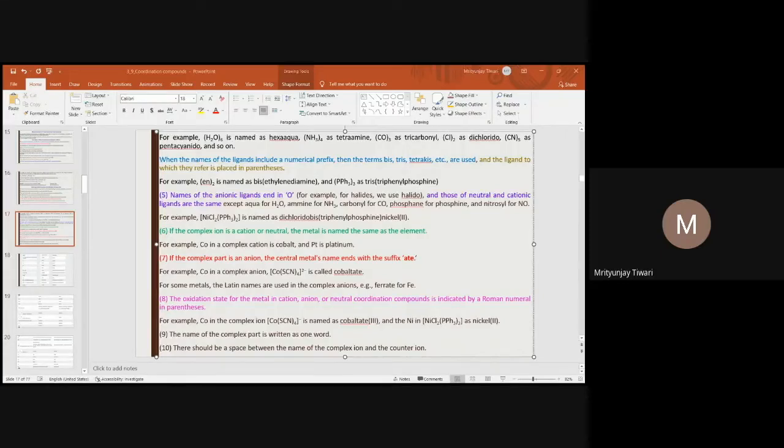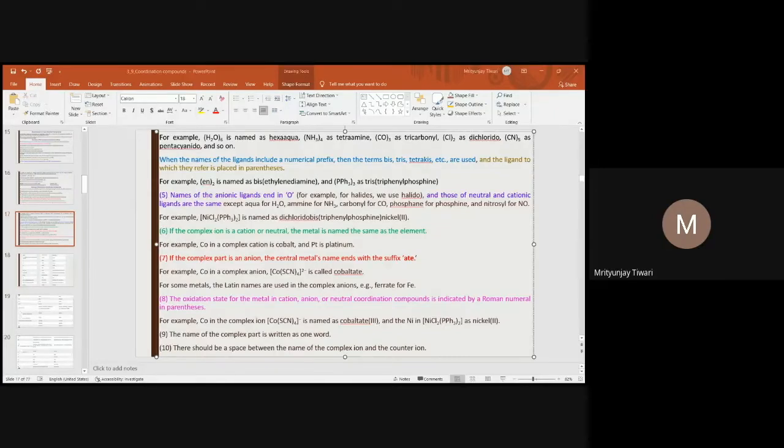In this case, this is a neutral coordination entity or the neutral complex, and for the neutral complex we will not add "ate" at the end of the metal's name, but the oxidation state we will have to represent, and this is electrically neutral. This complex compound is electrically neutral.